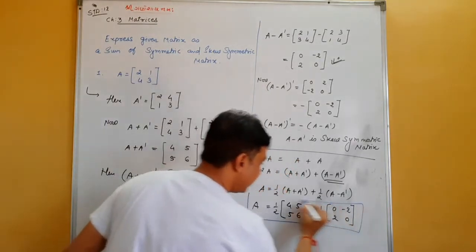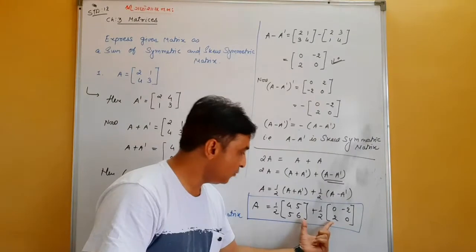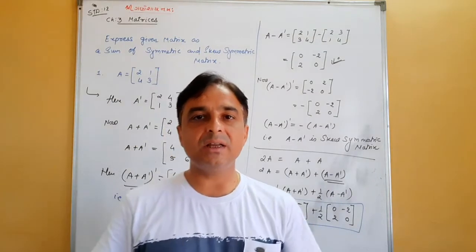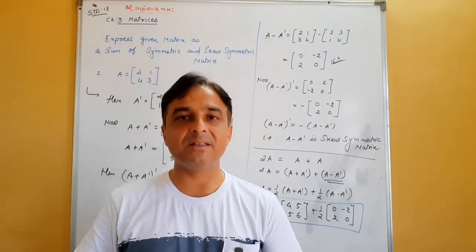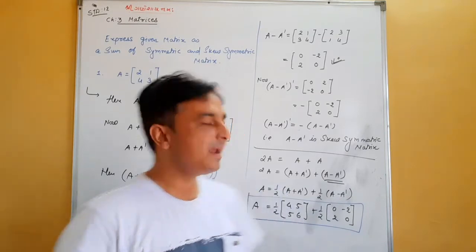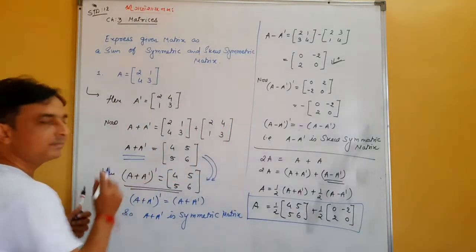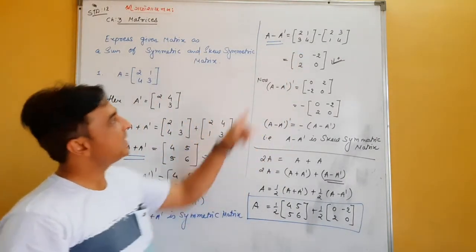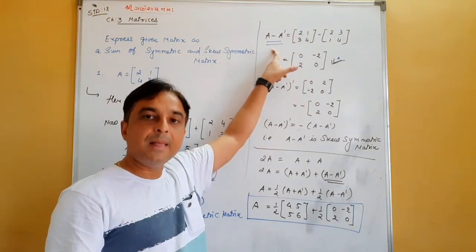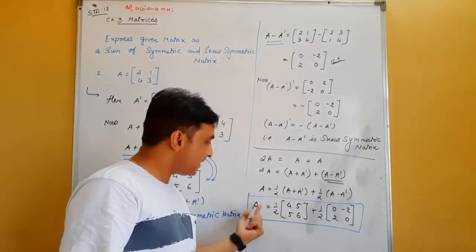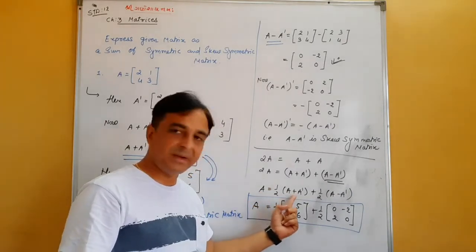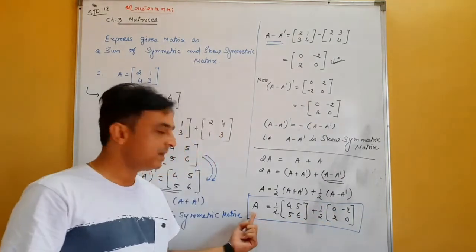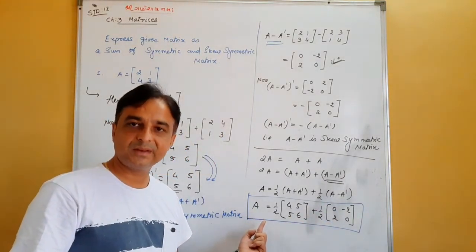If you simplify the right hand side, you will get matrix A. So whenever you are asked to express the given matrix as a sum of symmetric and skew symmetric matrices, you have to find A plus A' and A minus A'. This is always symmetric and this is always skew symmetric. Then you write A equal to 1/2 symmetric matrix plus 1/2 skew symmetric matrix. So the sum of those will be our original matrix. Got it?